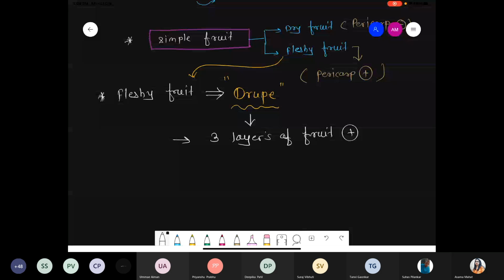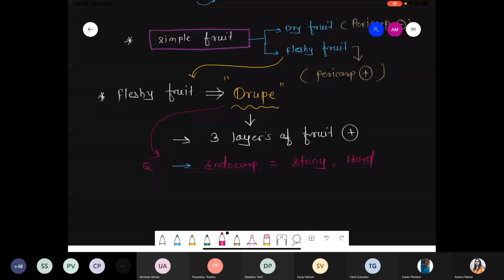That is the innermost layer of the fruit wall. That endocarp is hard, that is stony. It's a characteristic feature of the drupe. When you consider drupe, when the endocarp is hard and stony, that time we have to consider it as a fruit that comes under the drupe category.